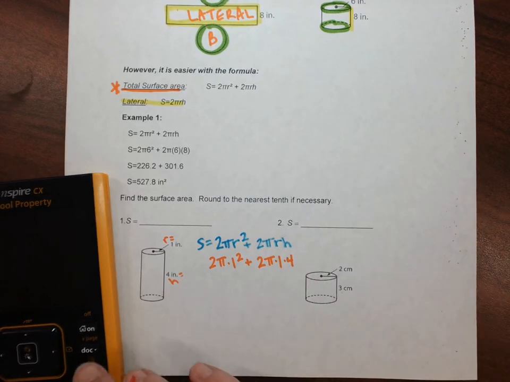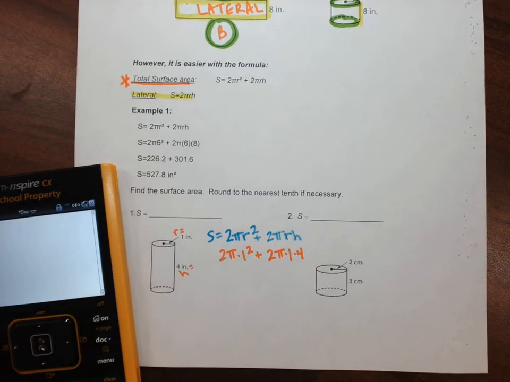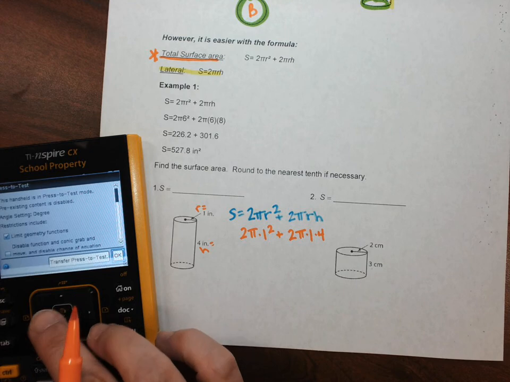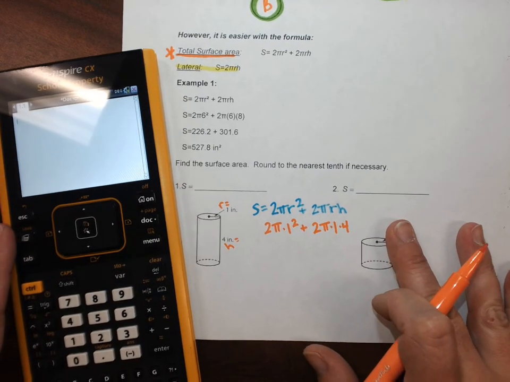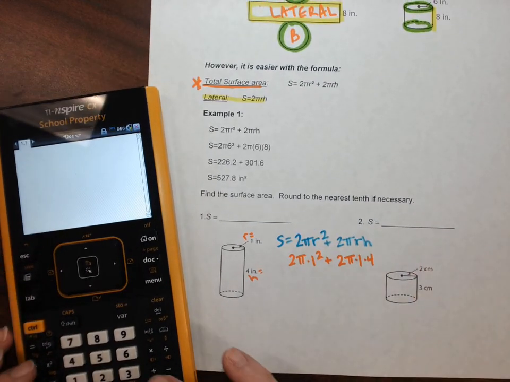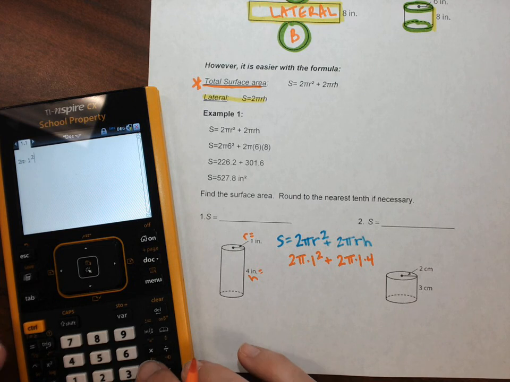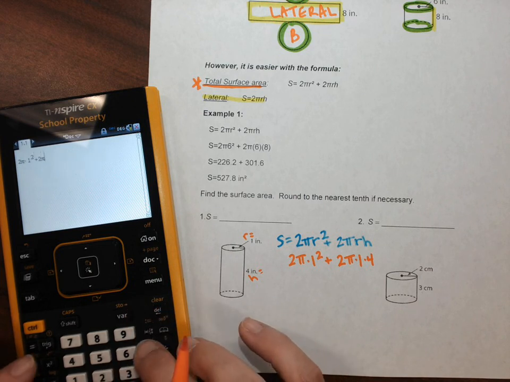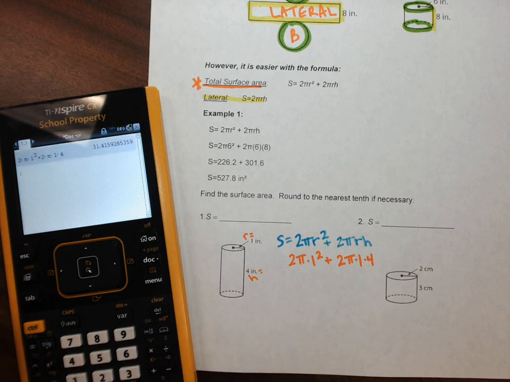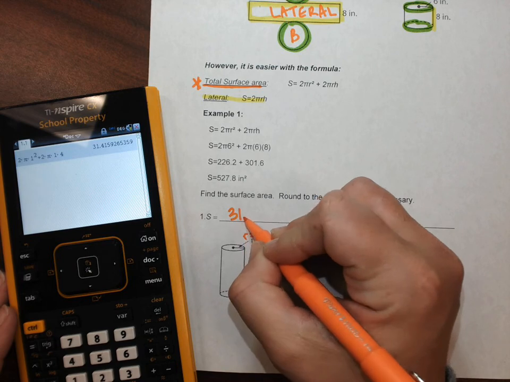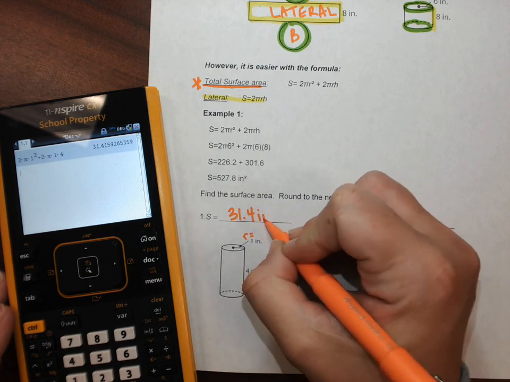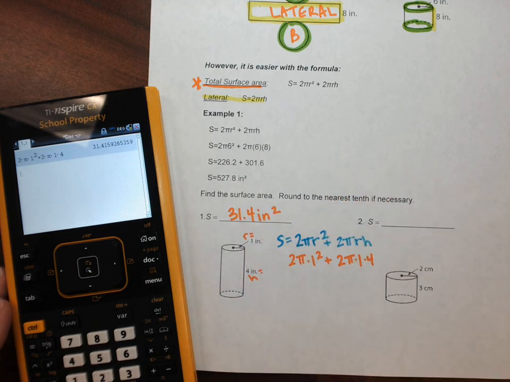And we'll go put that in. So 2 pi, remember to use that pi key, times 1 squared plus 2 pi times 1 times 4. And we're rounding to the tenths. So this is going to be 31.4 inches squared.